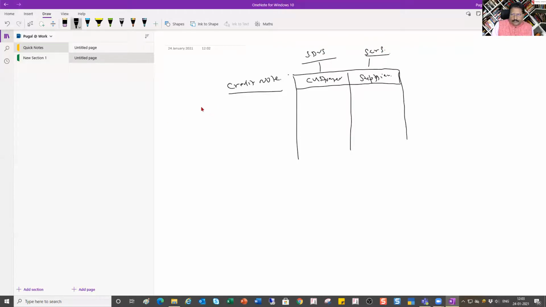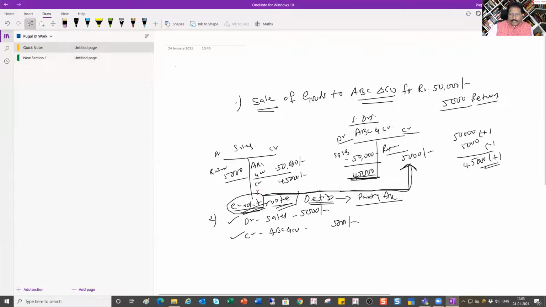Example one, a credit note to a customer. You're going to pass a credit note broadly on account of your sales return. We know why we pass a credit note and where it is going to impact.